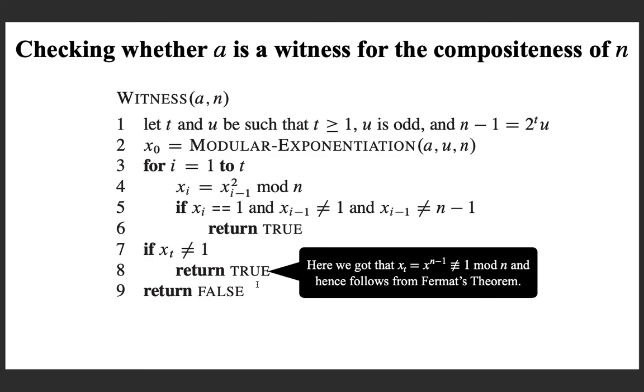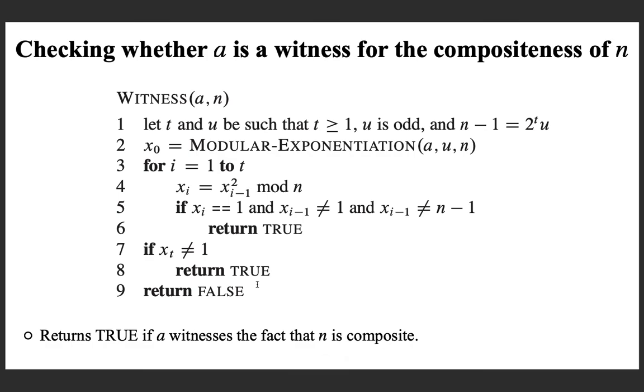I hope you are getting it. Otherwise please watch it again. For the interest of time I am moving on. So we verified that it returns true if a is a witness for the compositeness of n.